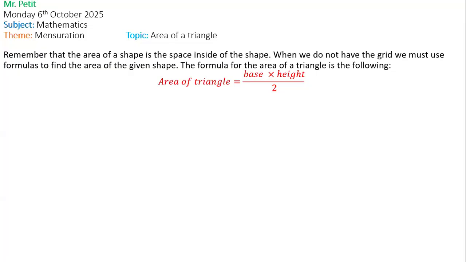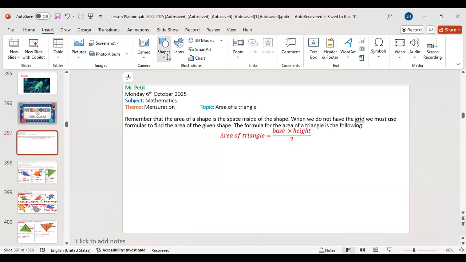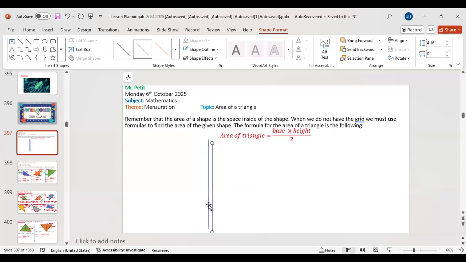So example number 1. So let's look at it. So good. All right, good. All right, cool.